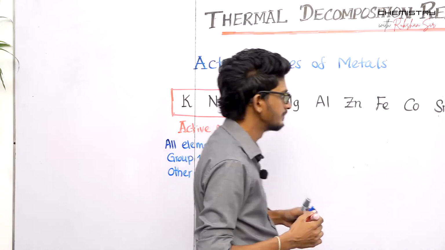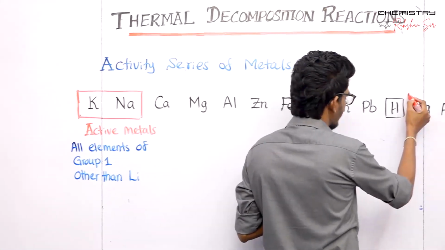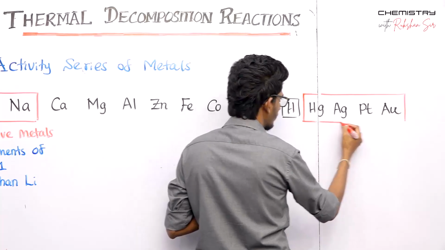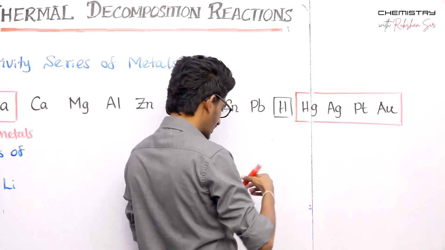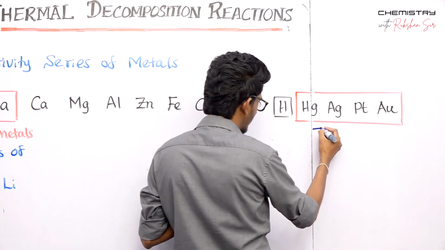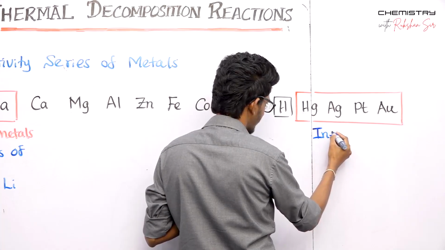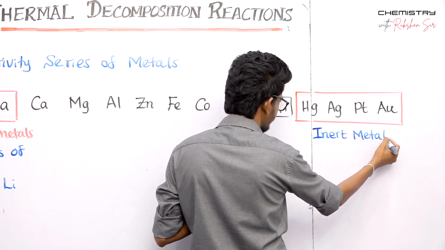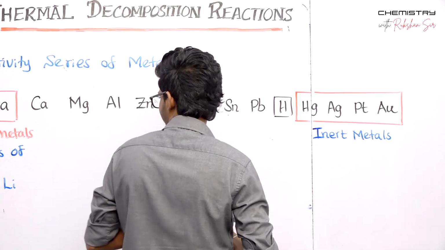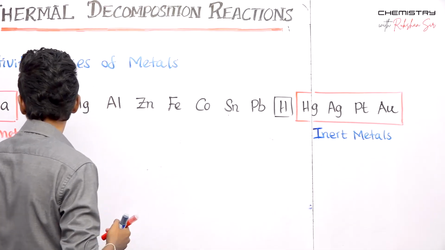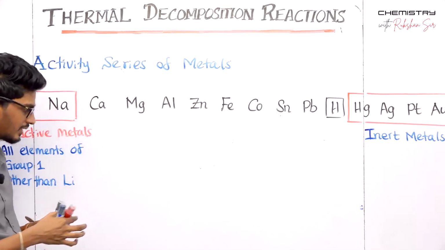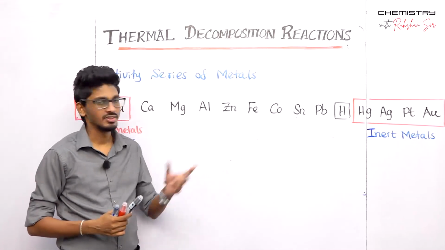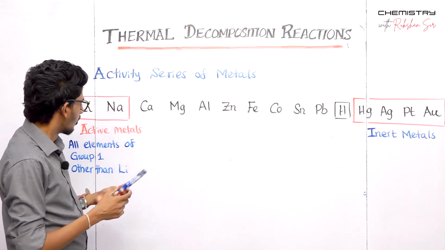Then the final 4 are referred to as inert metals. Here you have the active metals, all the elements of group 1 other than lithium, and you have the inert metals at the bottom of the activity series.